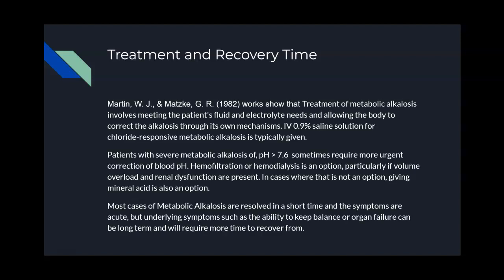And this is normally given to volume overload or renal dysfunction patients. And in cases where that isn't an option, you could simply give mineral acids, and those would allow the bases to lower and to lower pH levels.